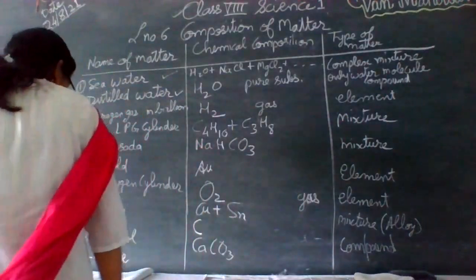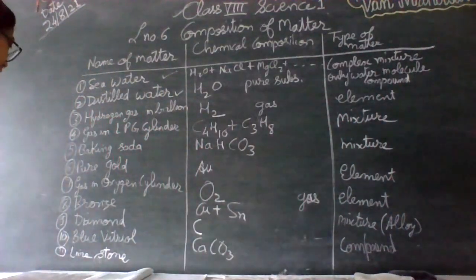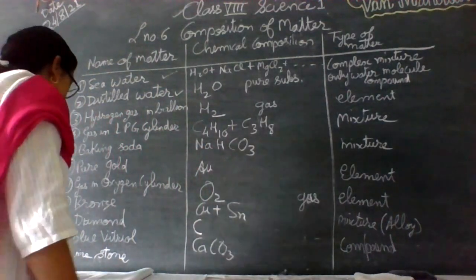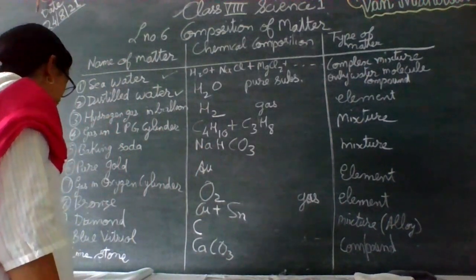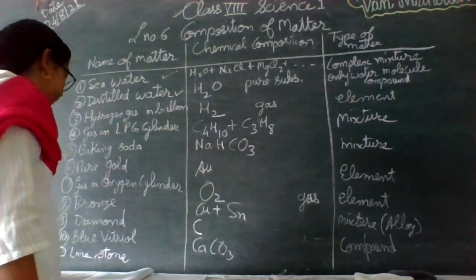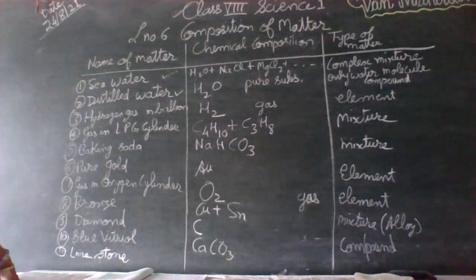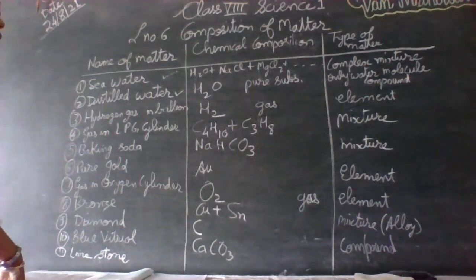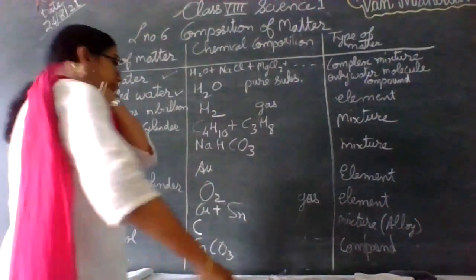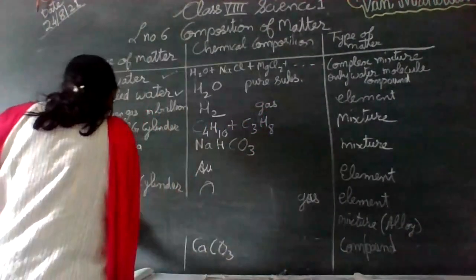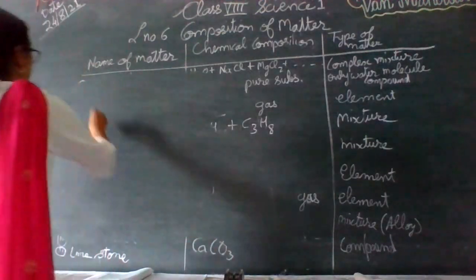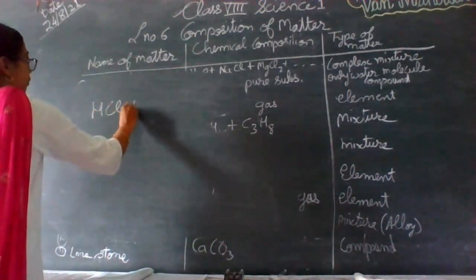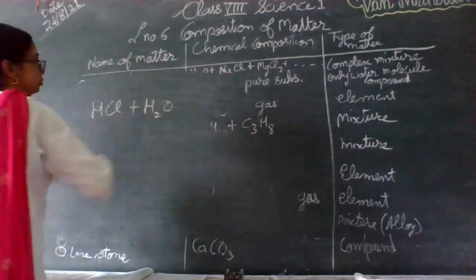Next is limestone. Limestone is CaCO3. And finally we have dilute hydrochloric acid. In dilute hydrochloric acid, anything that is dilute, we know that there are HCl plus water molecules.